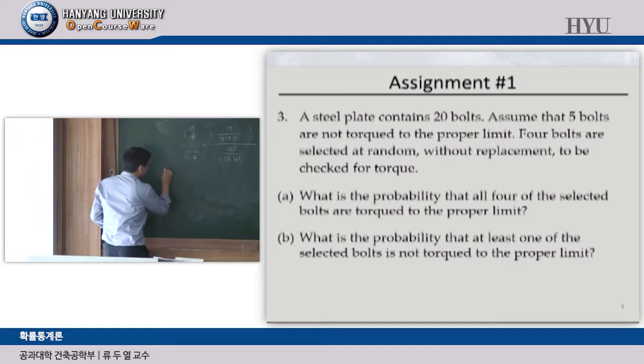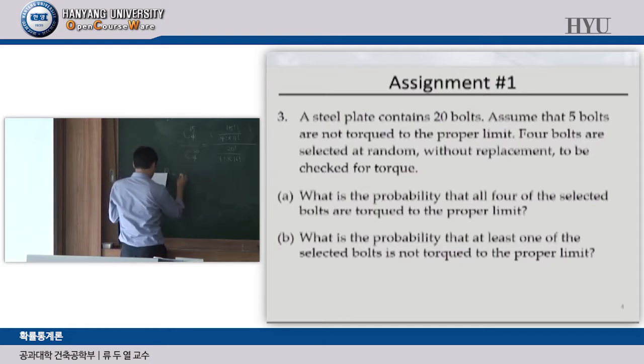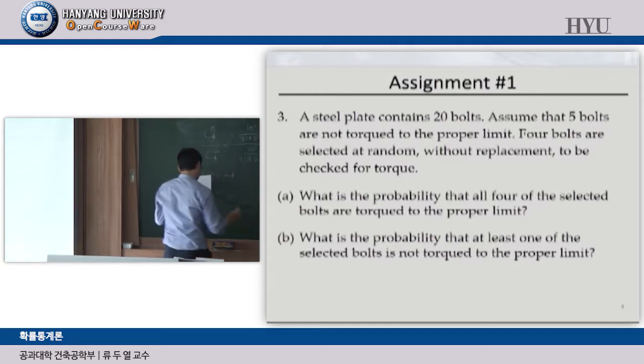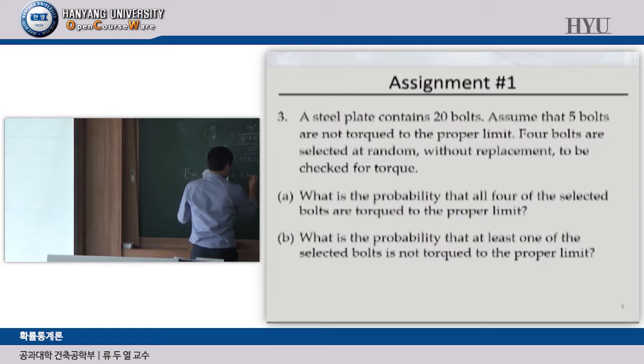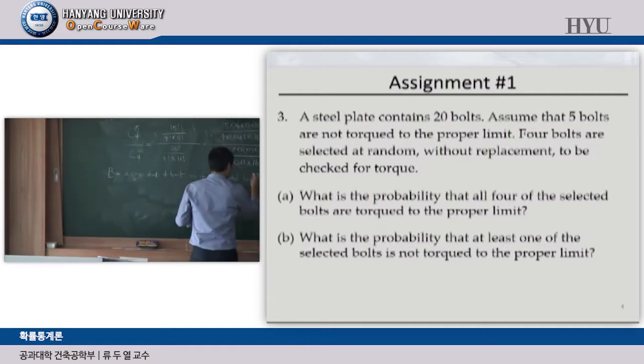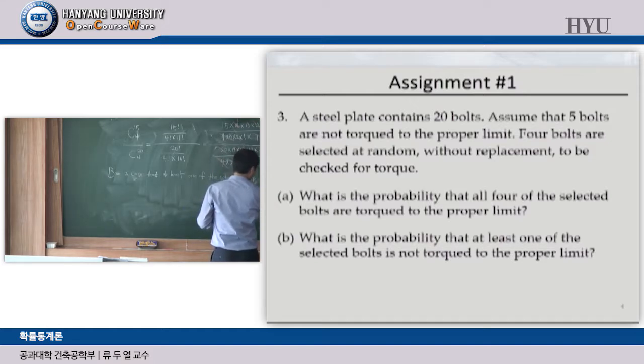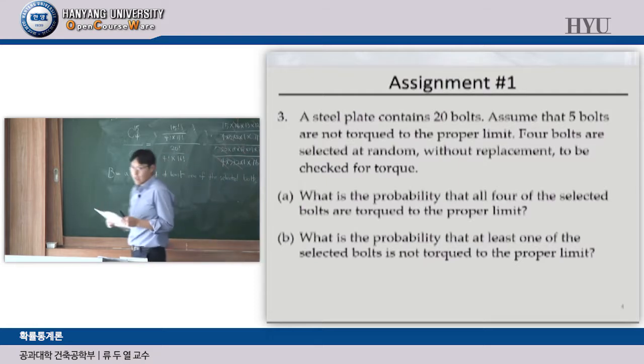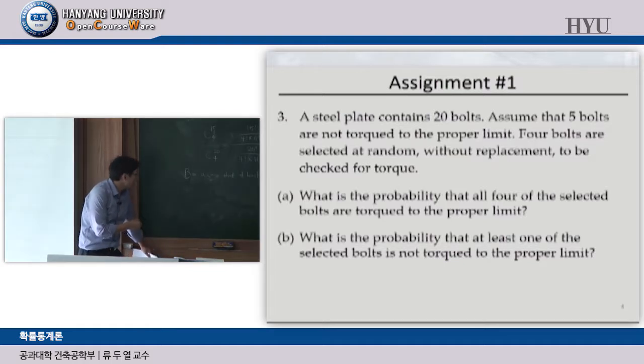In this case, we can denote B as the case that at least one of the selected bolts is not torqued.